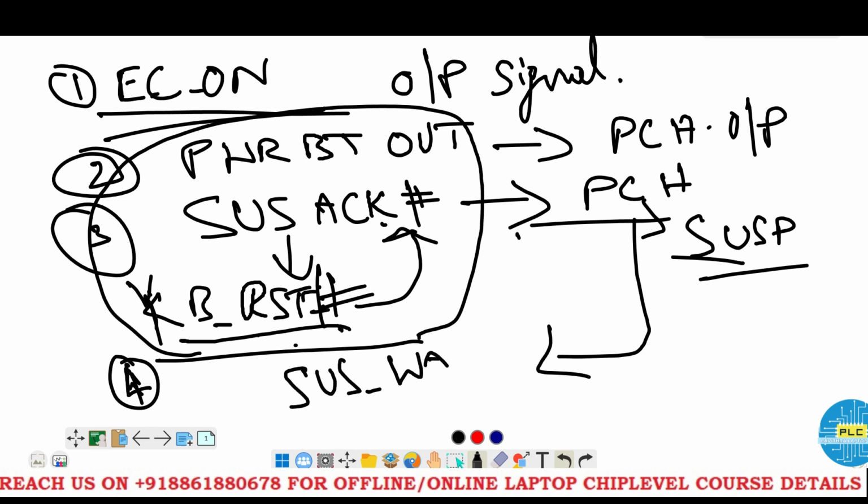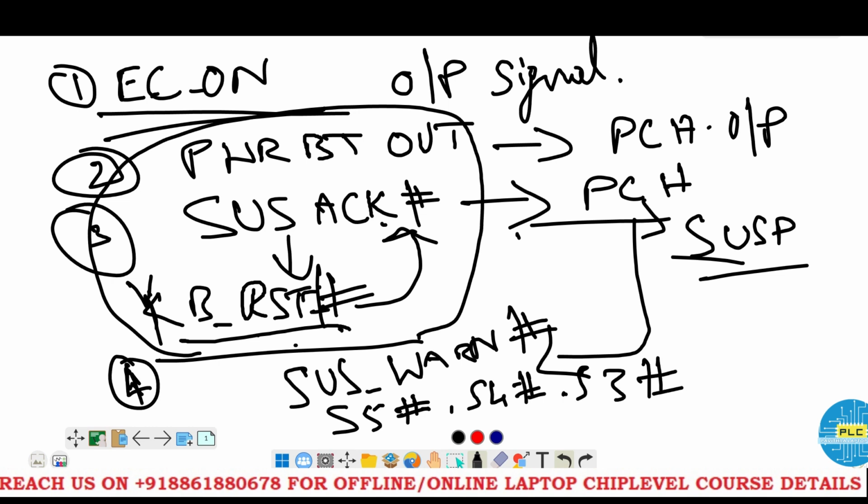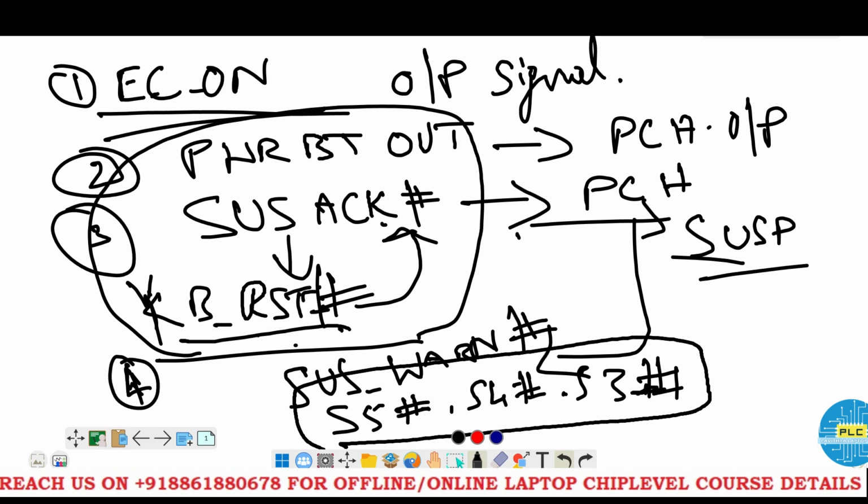Sus warn signal, and then immediately it will release suspend related voltages, S5 hash, S4 hash, S3 hash. Okay, these are the most important points. So from now onwards you need to give more concentration on each and every point.